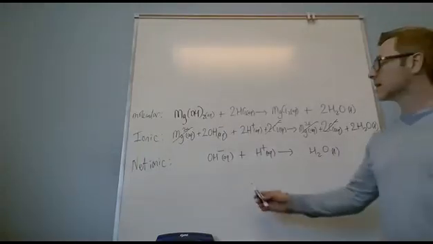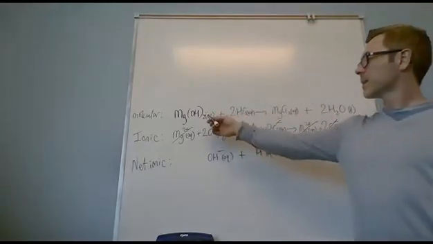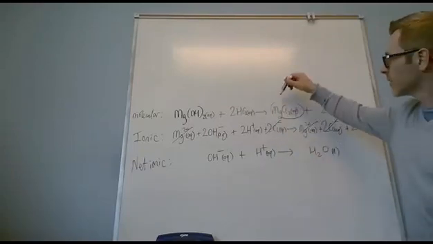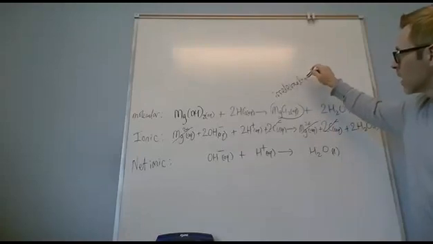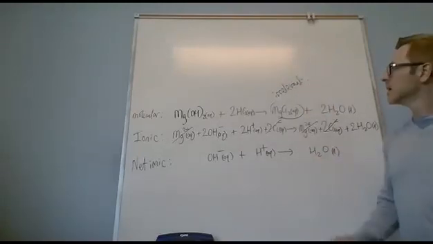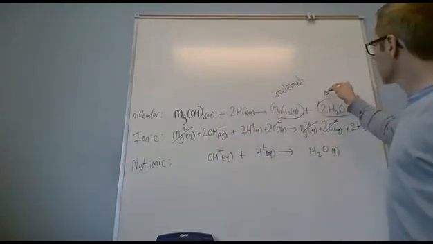So as you can see, this looks complicated, but this chemical was completely irrelevant, because it doesn't appear anywhere in the net ionic equation. So what was the product here? Really, this was the only product.